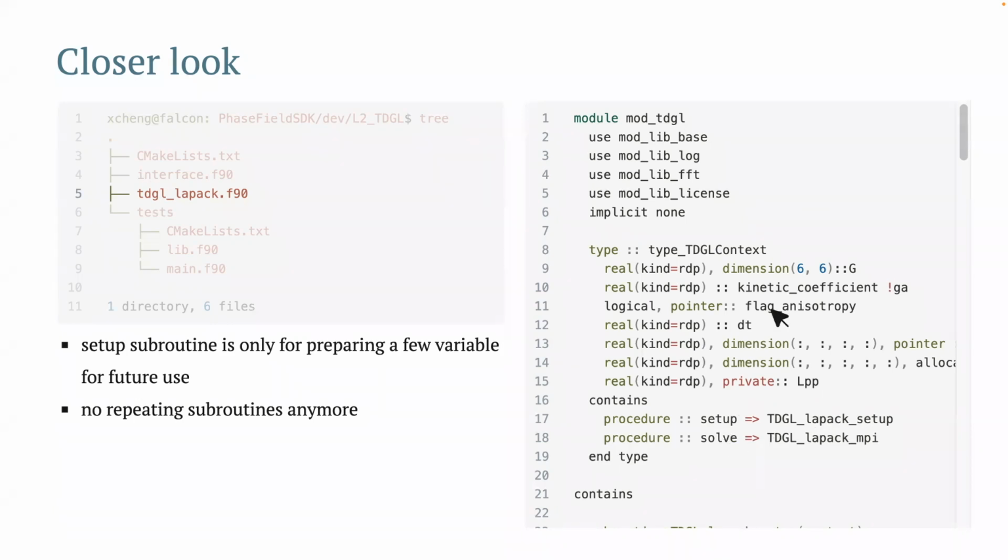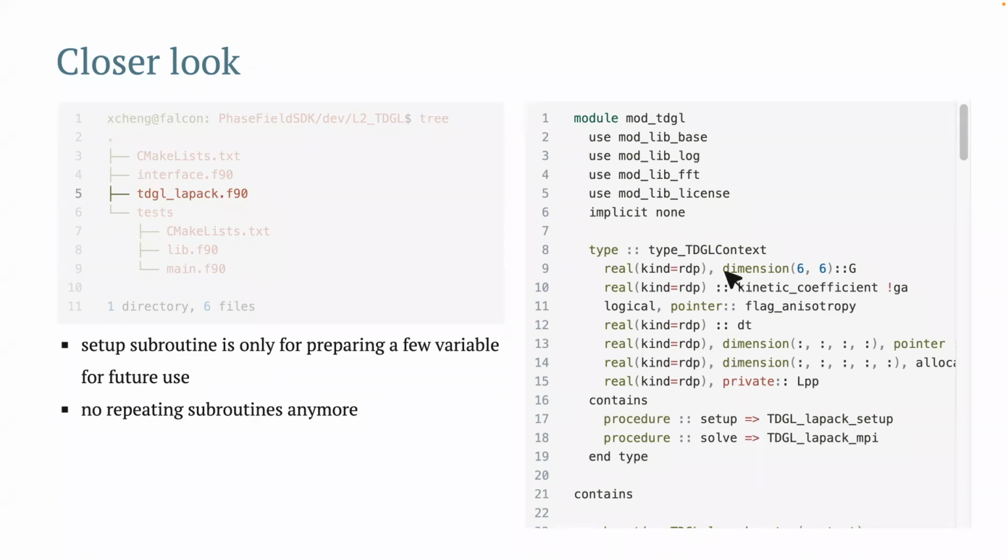Okay, and also you see there's no other hidden data within the module, so there's no need to connect the data from the main program to the library. And if you take a look at these setup subroutines, you will see there's no connection from the main program, and all we need to do here is some data preparation work to make the solver faster.